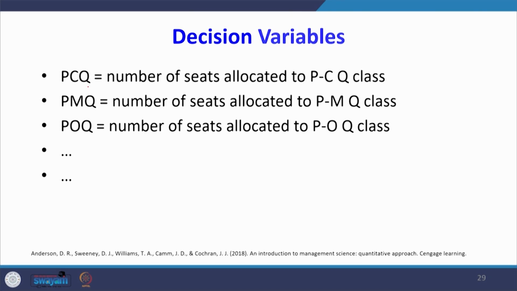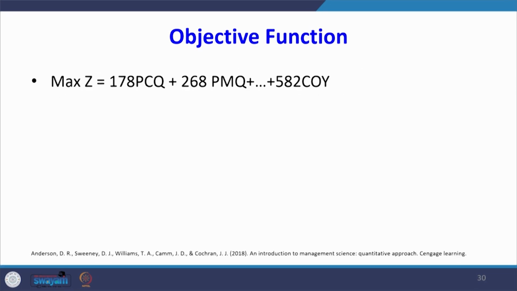When I say PCQ, it is the number of seats allocated to P to C in the Q class. PMQ is the number of seats allocated to PM in the Q class. If we put Y, it is Y class. Like this, we have to write all the decision variables.